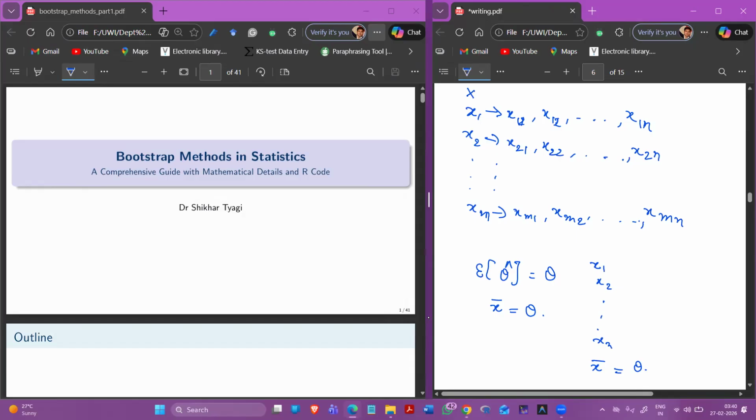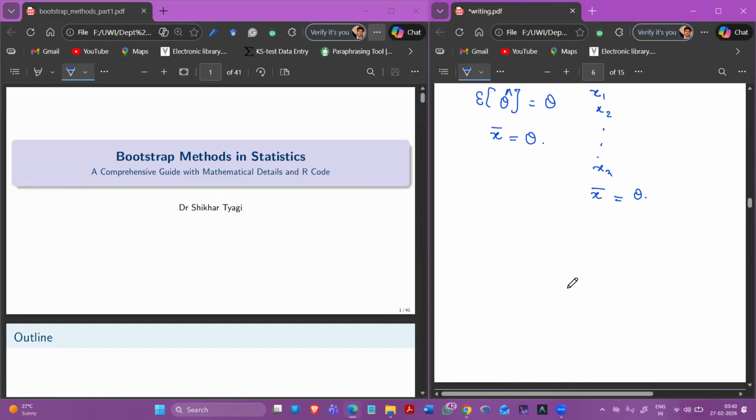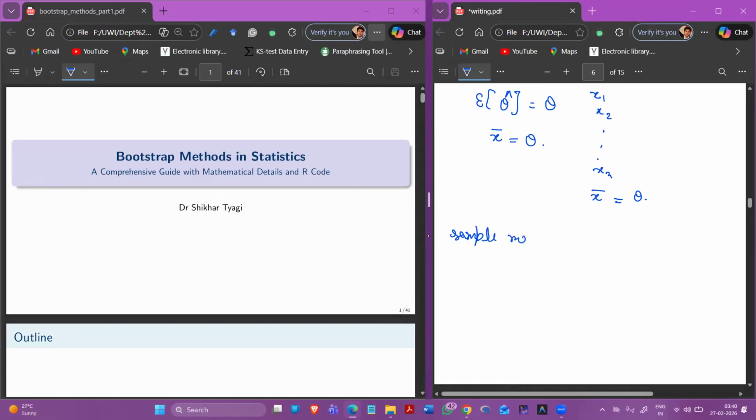That was the concept for the classical. Even for the Bayesian, maybe you studied this theorem in your sampling theory: the sample mean is an unbiased estimator of the population mean.